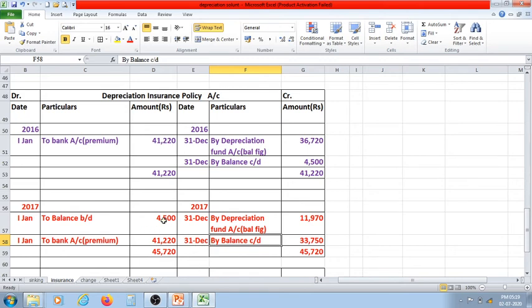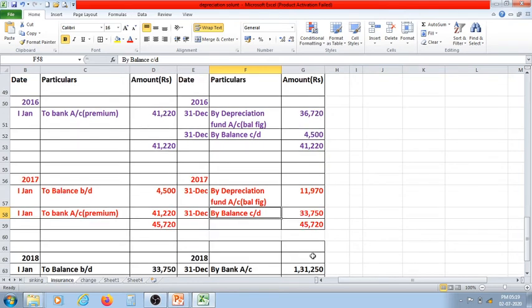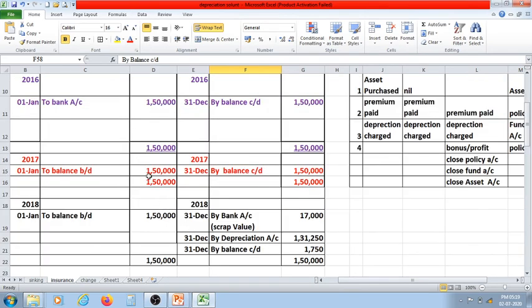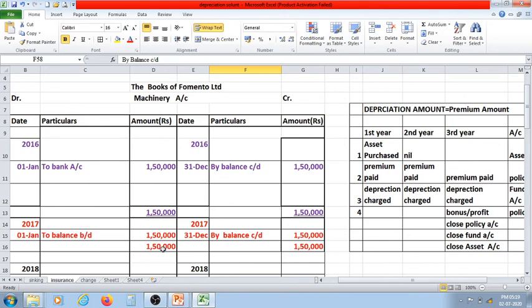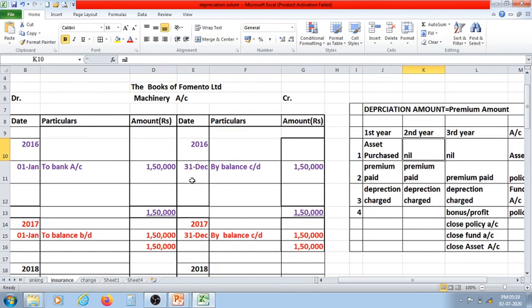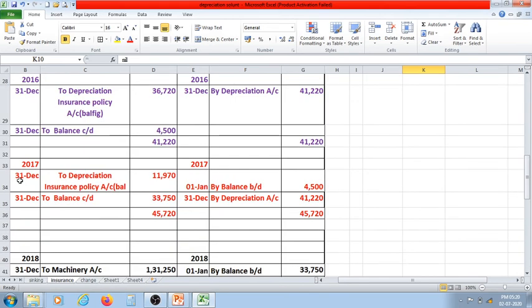Okay, so when we write the journal entries, the account will tally with 45,720. So we have written the journal entry for the second year. Machinery account, second year, there is no journal entry as we have seen here. It's nil. In the fund account, second year journal entries are passed and the account is tallied.